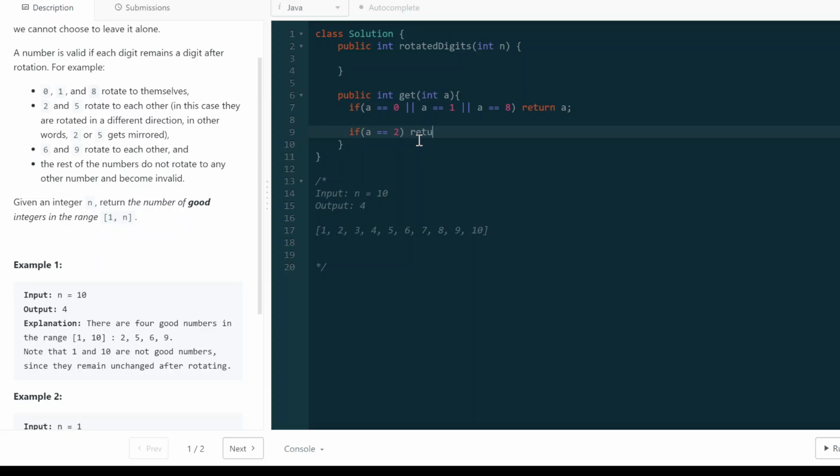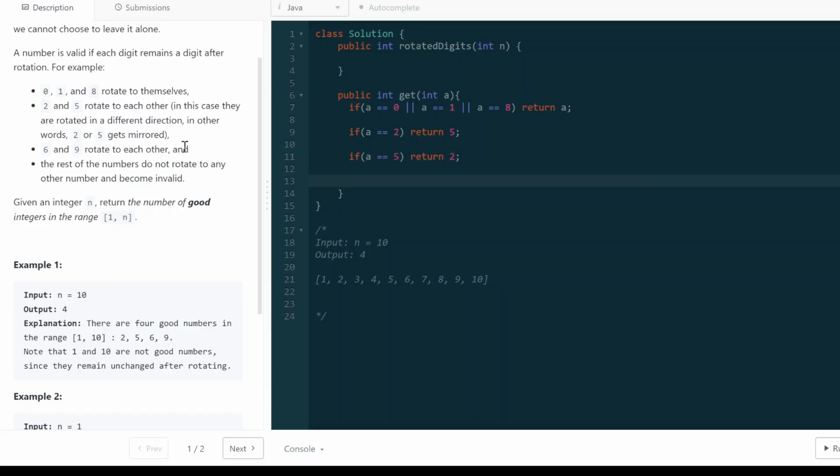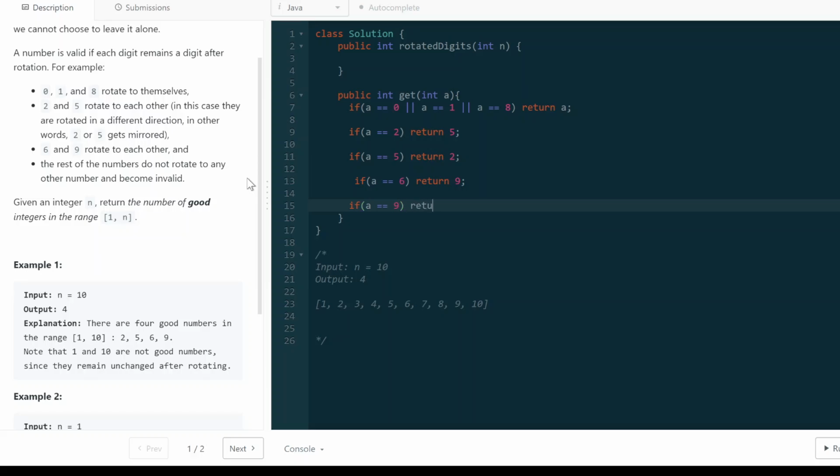So if it is a 2, I'm gonna return 5. If it is a 5, I'm gonna return 2. What else? 6 and 9 are also rotated, right? If a equals 6, return 9. And if a equals 9, return 6. Else, we're gonna return -1, because this is just for invalid numbers.